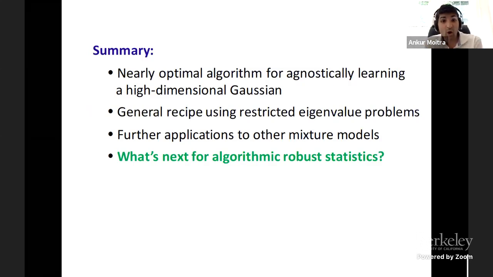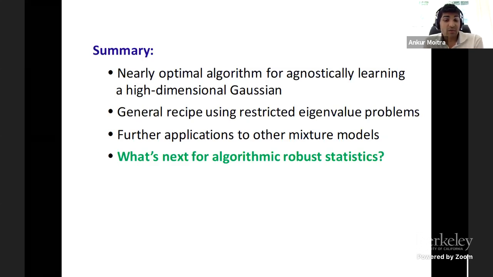So let me tell you what I hope that you got out of the talk. We started from this question about what happens when we don't have a nice generative model. It turns out that even if you take the world's simplest generative model, a high-dimensional Gaussian, and ask, can you learn a high-dimensional Gaussian? The answer is, duh, of course you can. You get very interesting questions when you ask, can you learn it robustly?